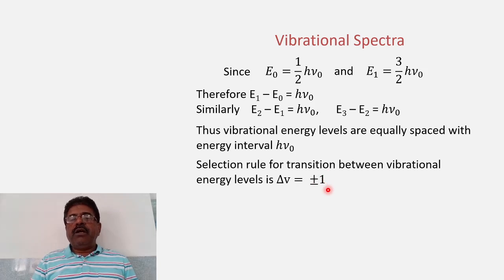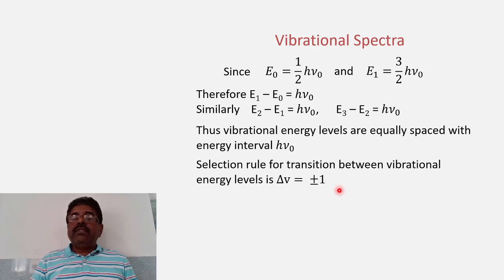That means transitions among the adjacent levels are only allowed. Any other transition for which the difference in quantum numbers is greater than plus 1 or minus 1 will not be allowed, remember.